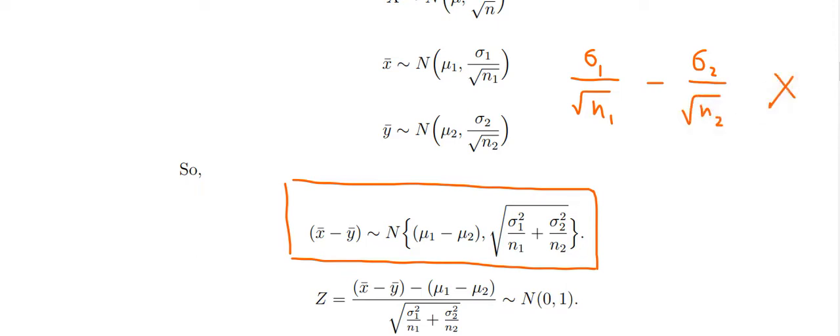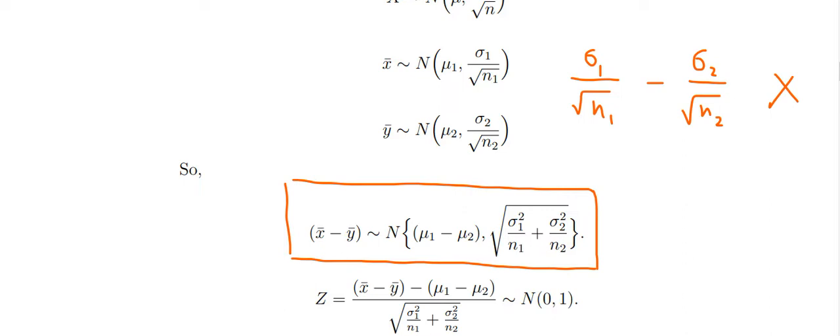We cannot use this. So why can we not use this? Remember, this sigma is standard deviation, meaning variability, right? So variability minus variability makes no sense.